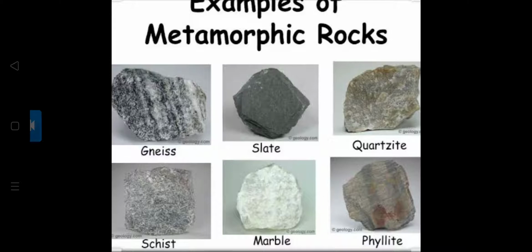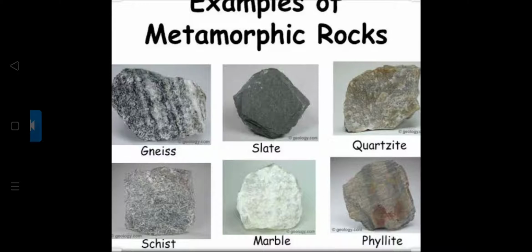Basalt, a common example of an igneous rock, which I had given you, also changes into schist. Sandstone is a sedimentary rock which changes into quartzite. Then there's limestone, which is another sedimentary rock which changes into marble.